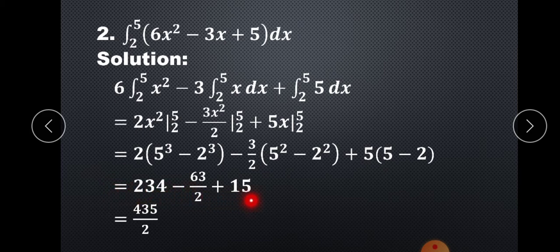So by simplifying 234 minus 63 over 2 plus 15, we have the result 435 over 2. So the definite integral of example number 2 is 435 over 2.